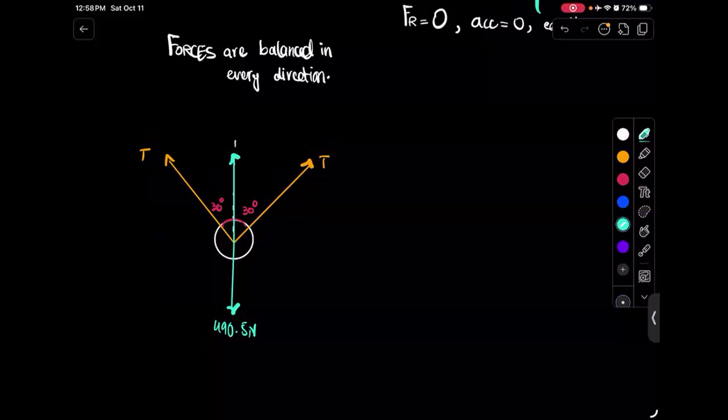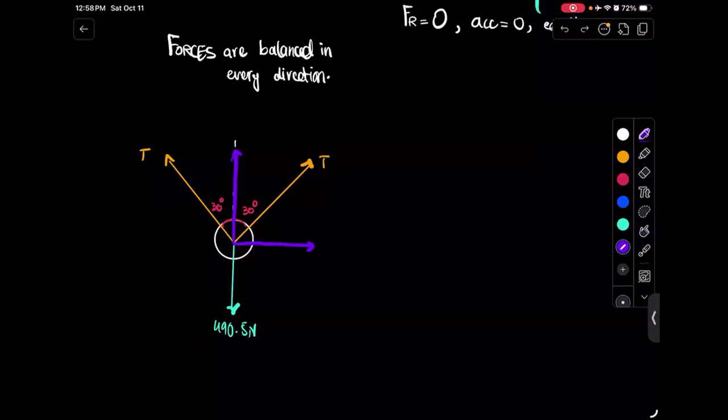I can say that this is the vertical part, and this is the horizontal part. Let's use a different color. So you've got this force, which is the upward part of tension, and this is the rightward part of this tension. Now, if you have this angle, how do you find out?